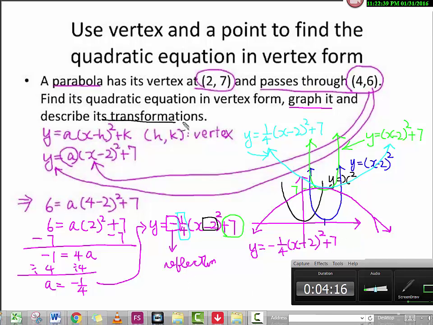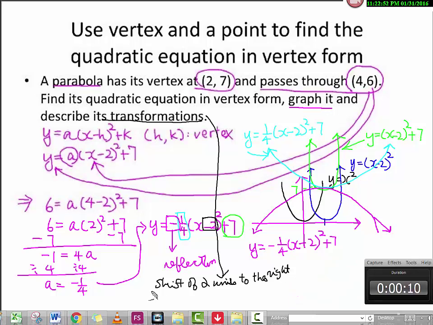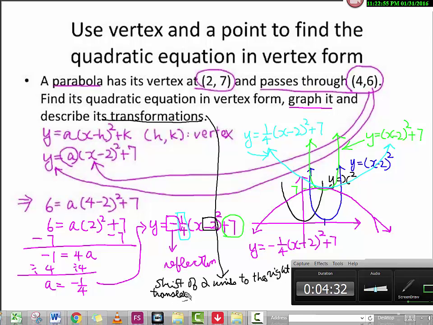So the transformation involves a shift of 2 units to the right, translate up 7 units, and vertically compress by, I don't have enough room here, a factor of 1/4.